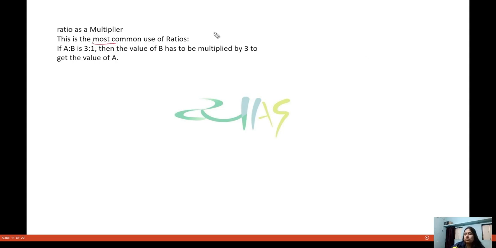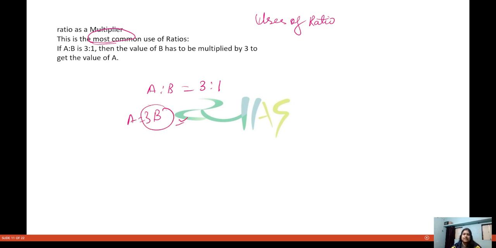Now we have to see different uses of ratio. So we are visualizing ratio as a multiplier. For example, a is to b is given as 3 is to 1. So that means a is equal to 3 times b. So this is what the ratio is saying.